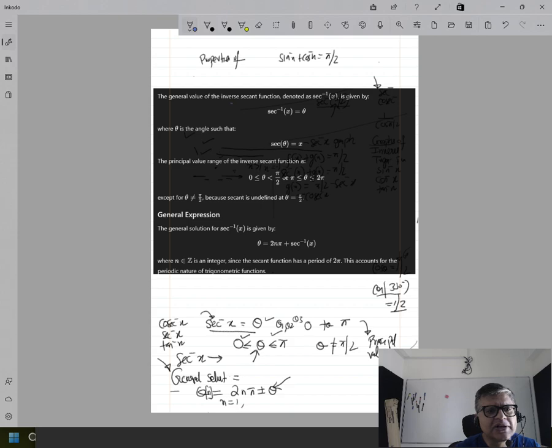The general value of inverse is denoted by secant inverse x, where theta is the angle. We already know this, right? When we are finding secant inverse x, we are actually finding some angle. Principal value range of secant function. Go to the chart.